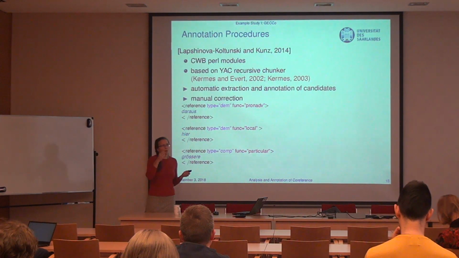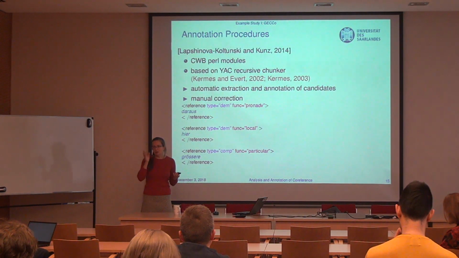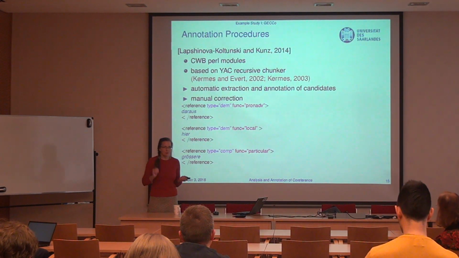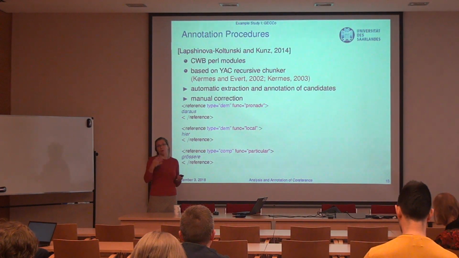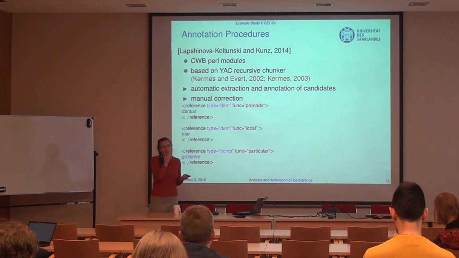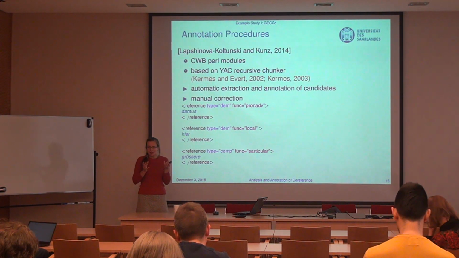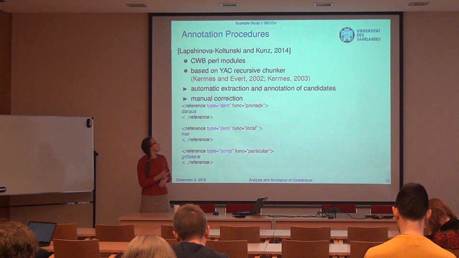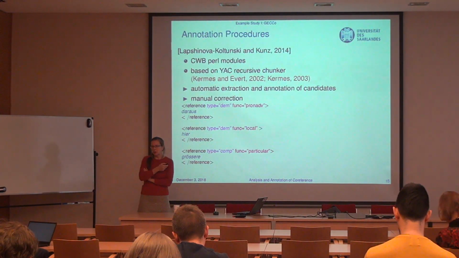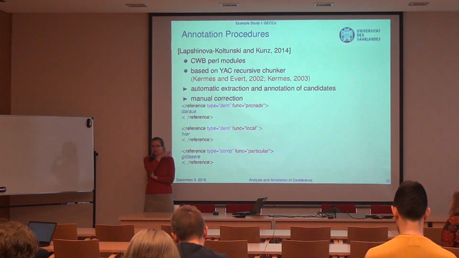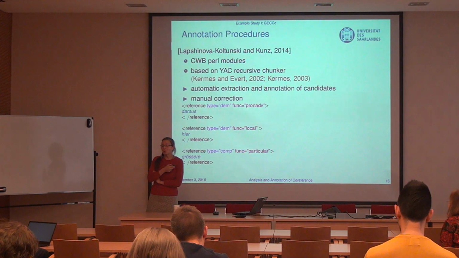For example, a pronoun used in the beginning of a sentence, which is a subject, is an antecedent, and then the following pronoun in the next sentence, which is in the function of an object, could be a candidate for a referring expression to this. And so we formulated this kind of regular expression-based queries, and we used CQP, which is a part of the Stuttgart Corpus Workbench, and some Perl modules within the older version of Corpus Workbench.